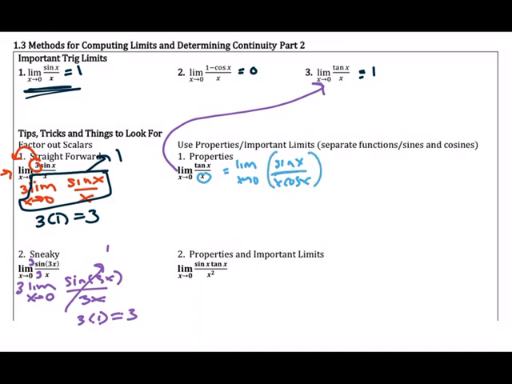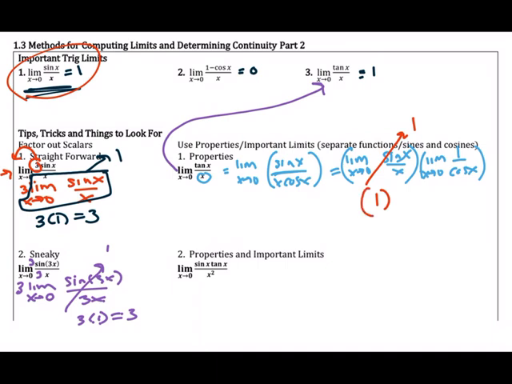Now, if you think about properties of limits, we're actually allowed to split this up. So I could rewrite this as the limit as x approaches 0 of sine of x over x times the limit as x approaches 0 of 1 over cosine of x. Well, this limit right here we know is 1 from over here.